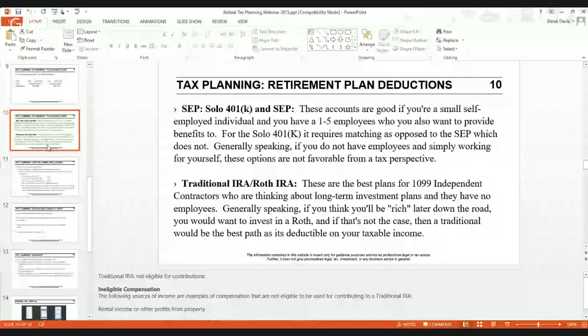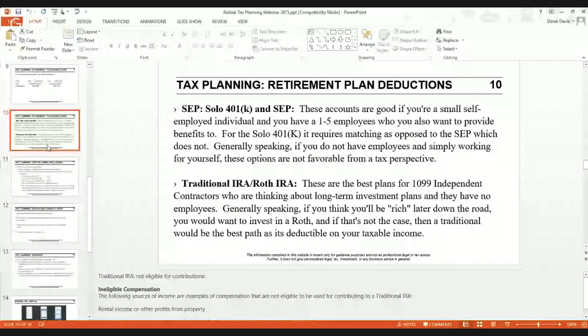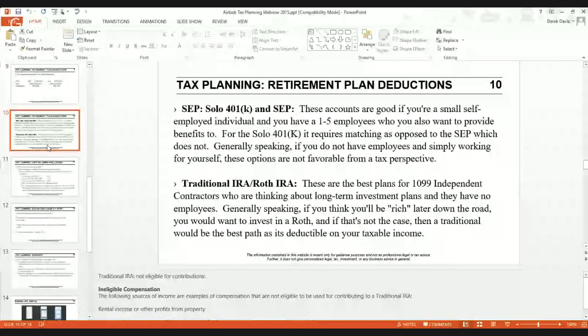Generally speaking, if you do not have employees and you're simply working for yourself as a solo Airbnb host, these generally aren't the best options for you. These are only preferable options if you have a growing Airbnb business and you hire people.